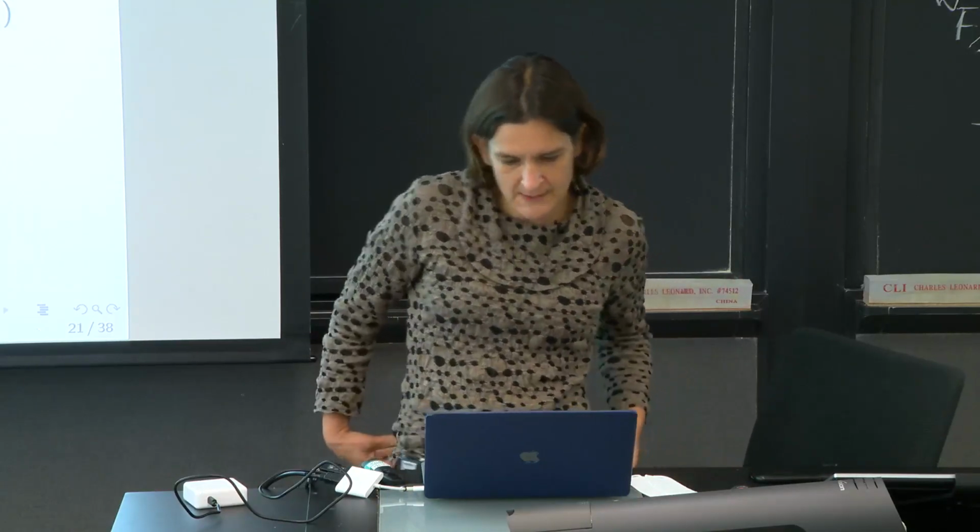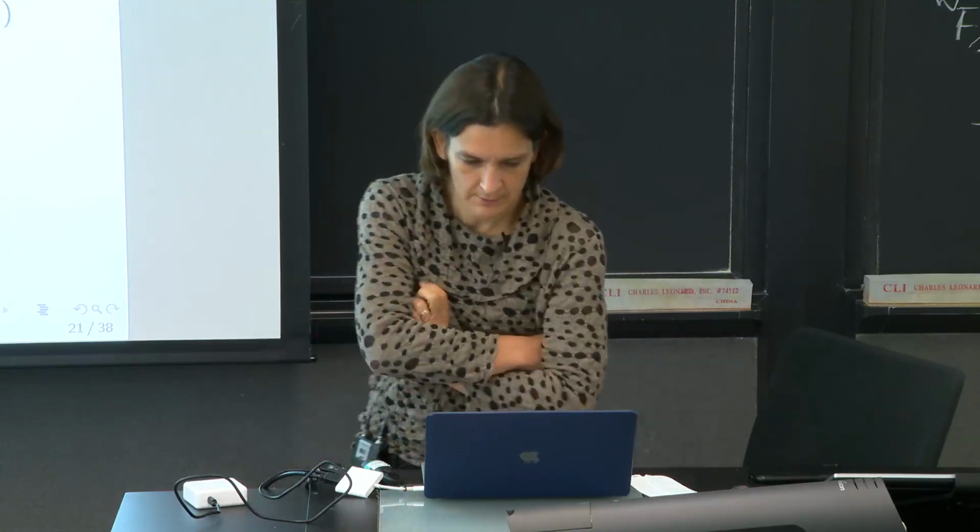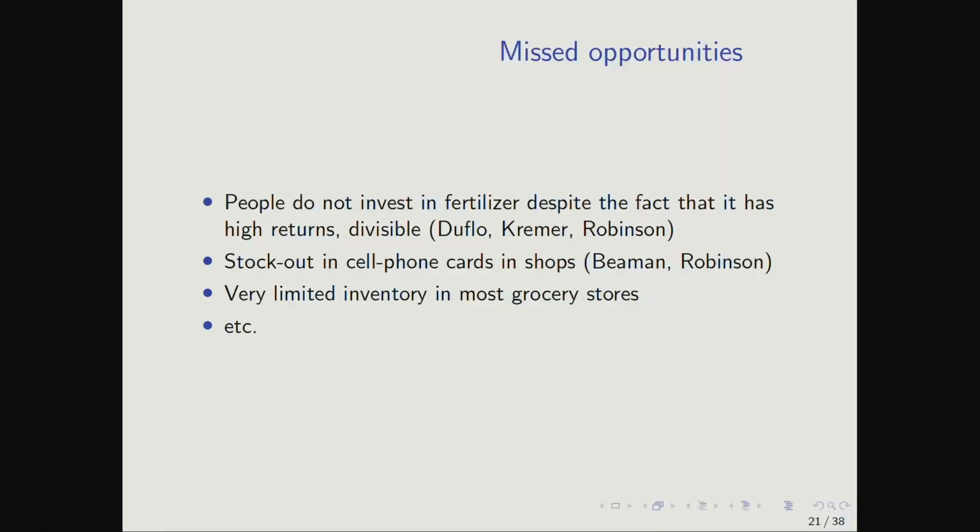There are many other examples, a bunch of nice papers that make the same effect. For example, John Robinson and Laurie Beeman have a paper where they simply observe that often people in shops don't have a cell phone card. And a cell phone card is what people buy to get prepaid money on your phone.